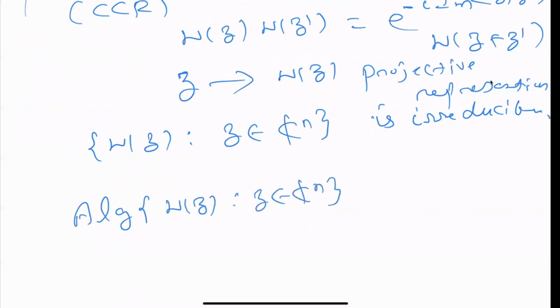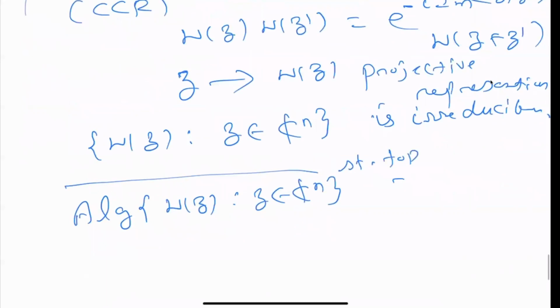This algebra is strongly dense in all bounded operators on L2 of Rn, which is gamma of Cn, B of gamma of Cn. I will tell you what strong topology means. This is what is called irreducible.